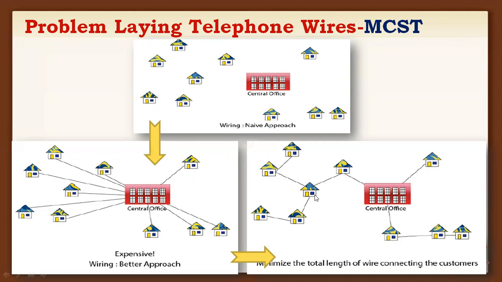But here, a cycle should not be formed. The structure seems hierarchical, but a cycle cannot be formed. In this way, we can connect the networking among different cities. So the best example for applying minimum cost spanning tree is telephonic line wiring networking for LAN and WAN in any central office.